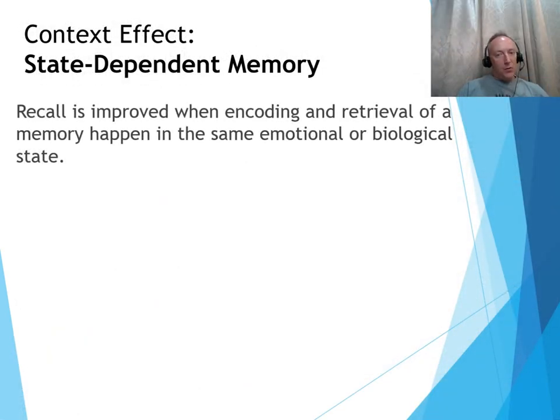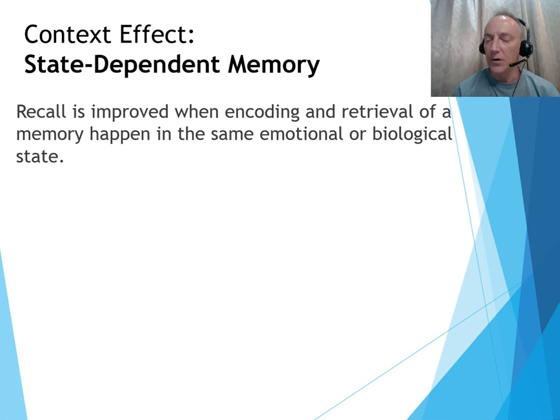This also applies to our emotional state and our state of mind. This is known as state-dependent memory. So if we are in the same emotional or biological state when we learn something as when we retrieve it, our retrieval will be better.